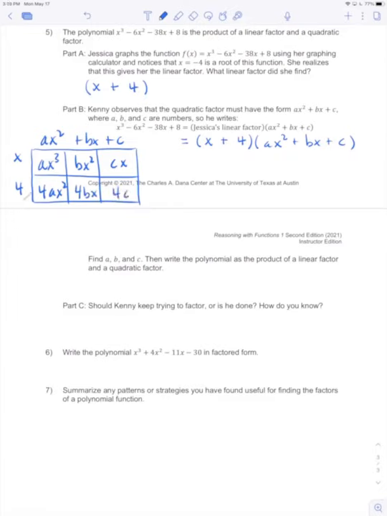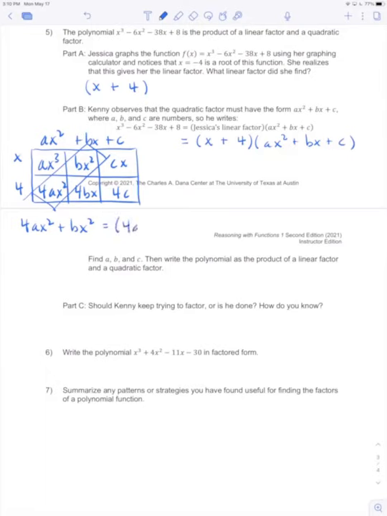Knowing that on our diagonals here, we have the common factors of both of those are quadratic terms. Let's write this out here to be 4ax squared plus bx squared. And I'm just going to rearrange this a little bit, factoring out the x squared common.